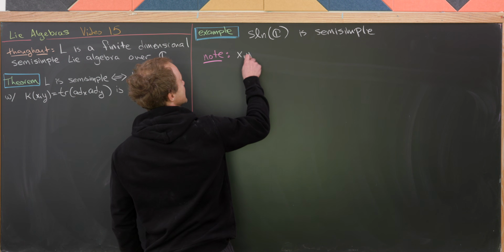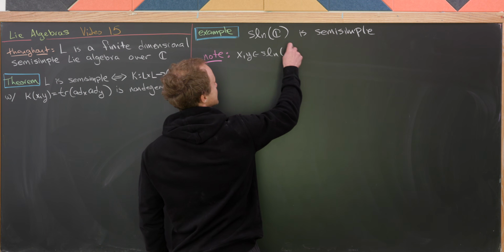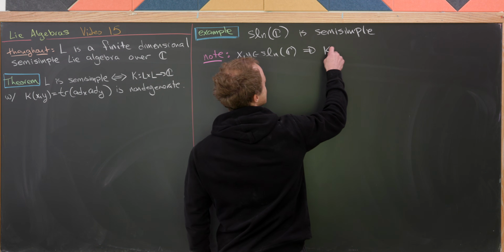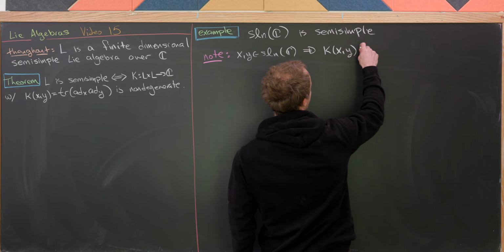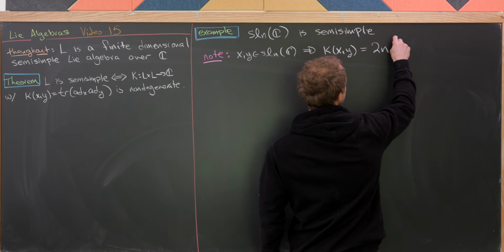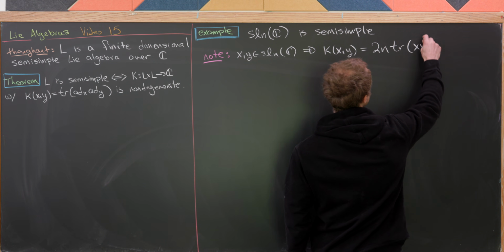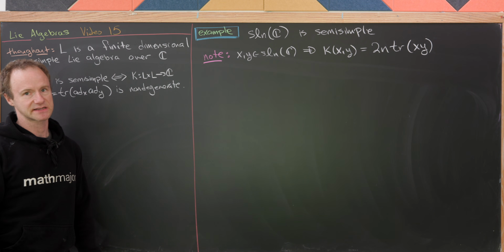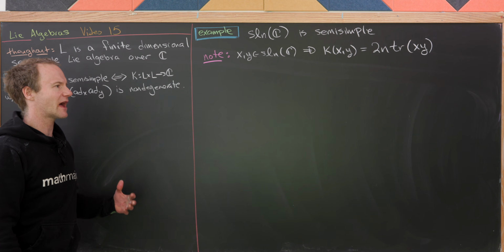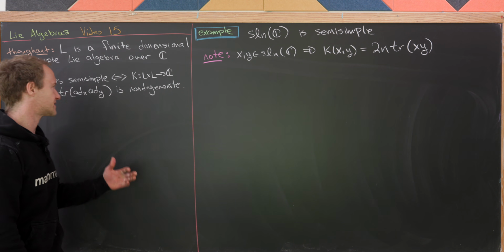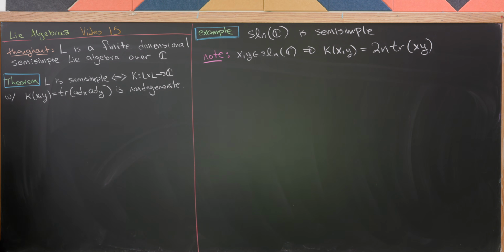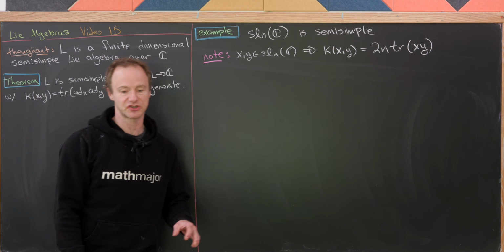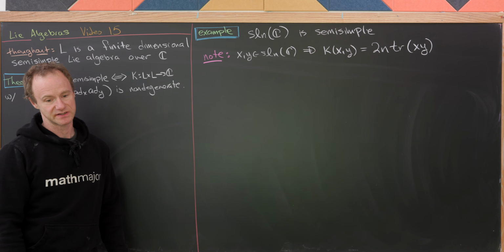If we take x and y in SL_n(C), then this Killing form of x, y is actually simply 2 times n times the trace of xy, the product of the two matrices x and y. And what's nice about this is that we don't have to work with the trace of the composition of these linear transformations based on the adjoint action of the two elements, just the product of the two matrices.